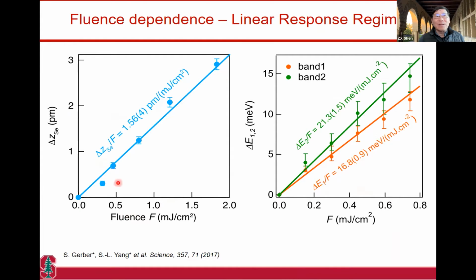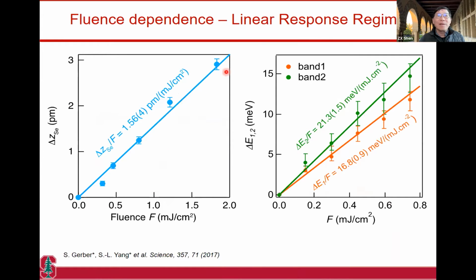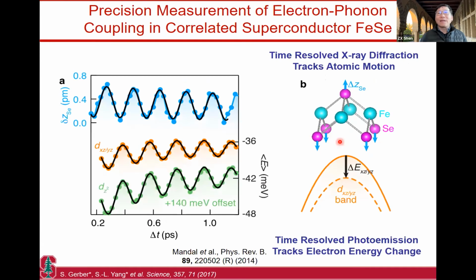And this shows the fluence dependence of the amplitude of delta Z. You can see that as the fluence goes towards zero, the amplitude also goes to zero. So you are in a linear response regime, and same thing for the band structure. Now, if you take the slope of this one and the slope of this one, and then divide them, you end up in a situation where you can learn something about the deformation potential.